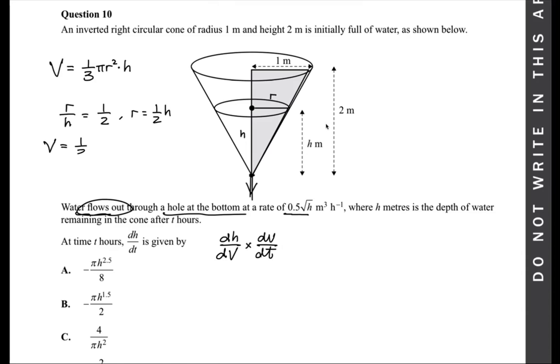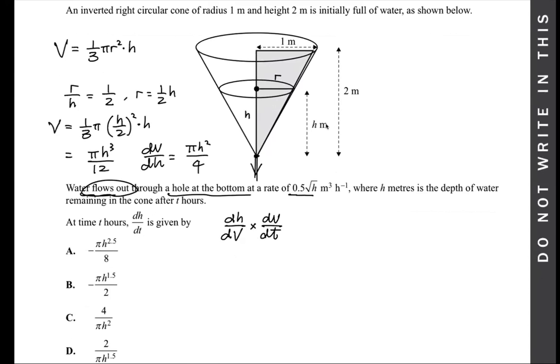Therefore, v equals 1/3 pi times h over 2 squared times h, which means you will get pi h to the power 3 over 12. 4 times 3 is 12. So dv/dh is going to be pi h squared over 4, because the 3 cancels out the 12 to be 4, okay?